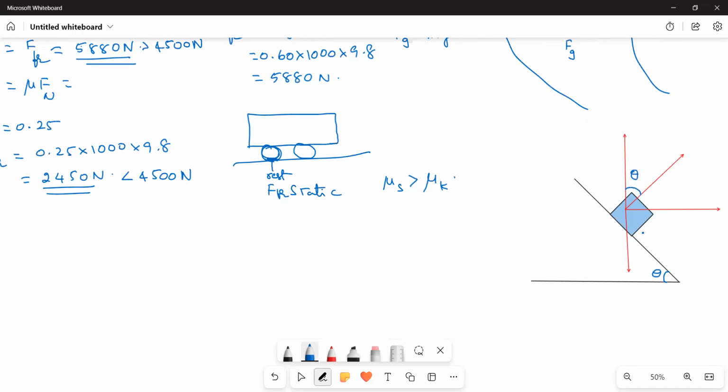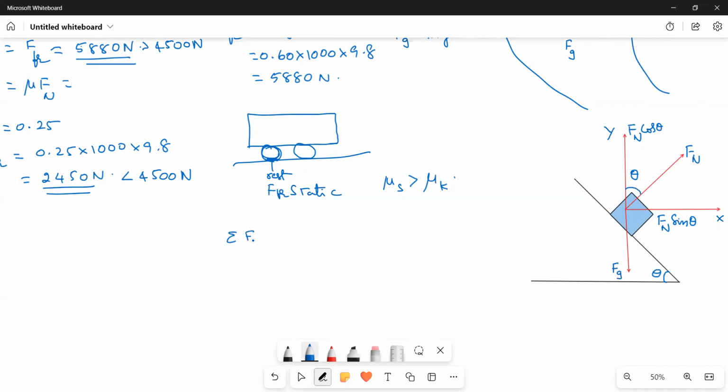This object is your car, and this is your Fn. This is your x-axis and this is your y-axis, and from the geometry of the figure, as this is theta, this becomes Fn cos theta, and this becomes Fn sin theta, and your Fn sin theta is providing the required centripetal force. Now let us write the equations.